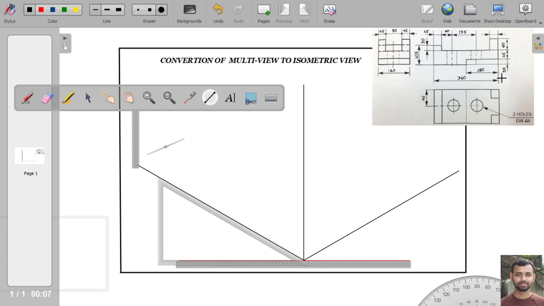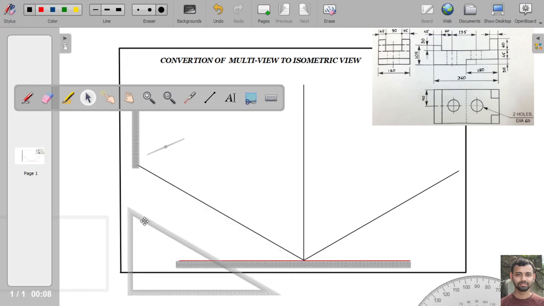Now to draw the housing block we need to know the maximum dimensions. If this one is the x-axis and this one is the y-axis and this height is the z-axis, then along the x-axis the total dimension is 360. So we will put that dimension, 360 mm, on the x-axis.